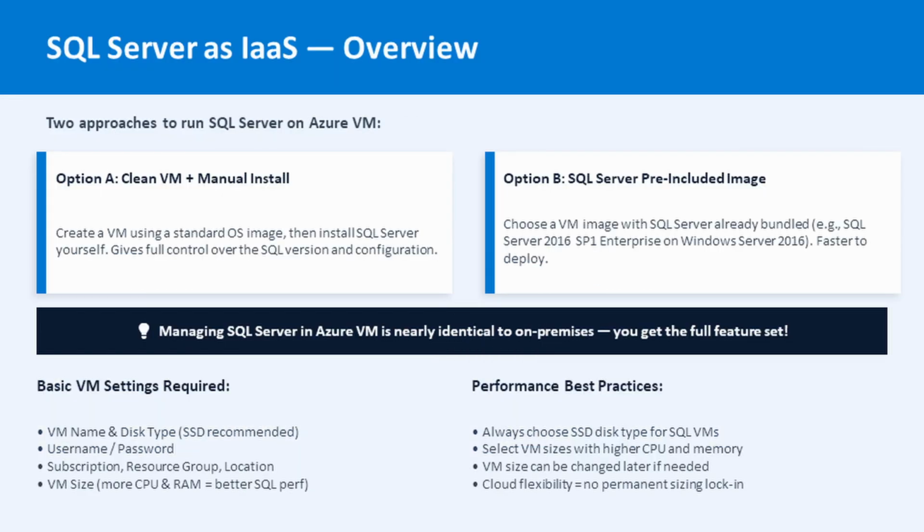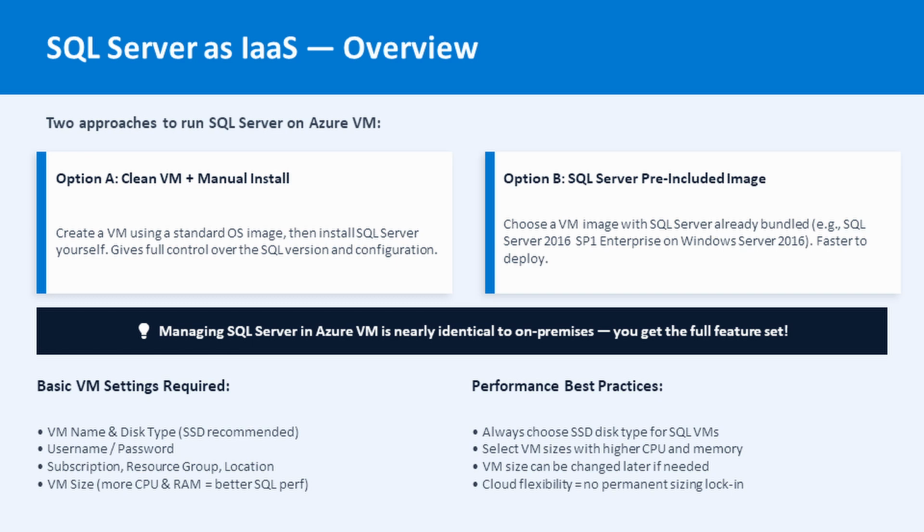Now let us look at how to actually set up SQL Server on an Azure virtual machine. You have 2 approaches. The first is to create a clean virtual machine with a standard Windows Server image and then install SQL Server yourself afterward, exactly as you would on a physical machine. This gives you full control over which version and edition of SQL Server you install.